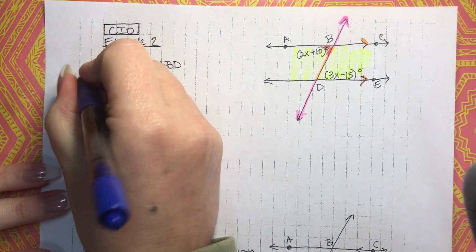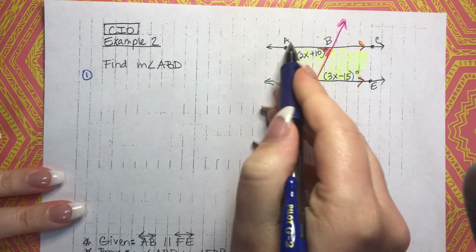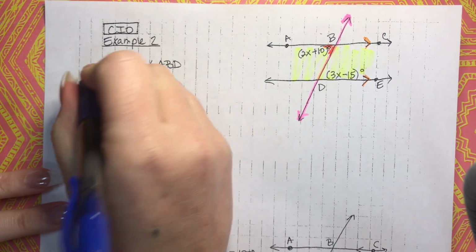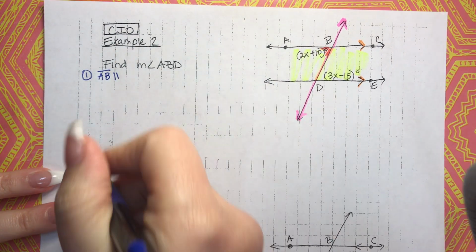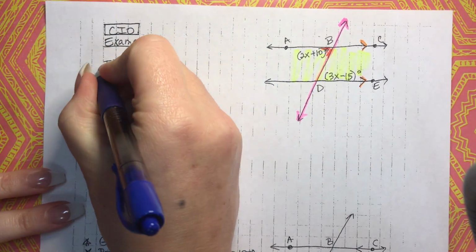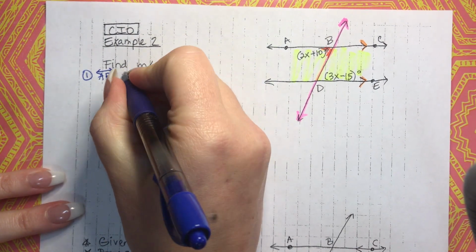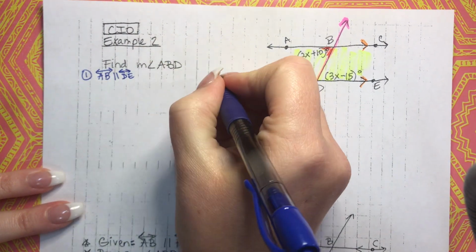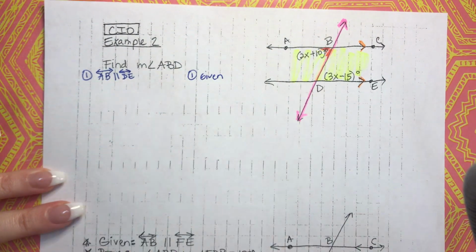Okay, let's start with the first. We're just going to write down all the given information. So we can write down the parallel lines, that's fine. So we have line AB is parallel to line DE. Oh, it's a line, not a line segment. And DE, those are lines. Okay, that is given information. What is the other given?